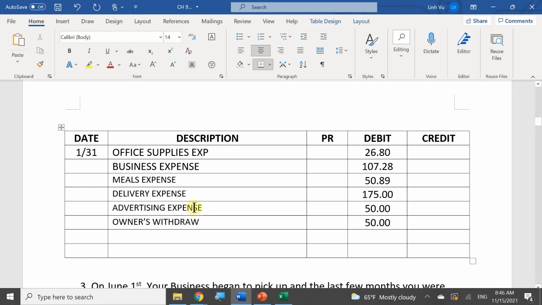Okay. So therefore, how much in grand total should be the money that I'm going to be taking out from my checking account? $459.97.